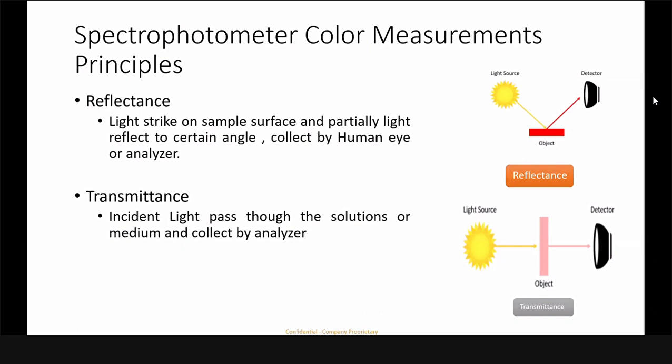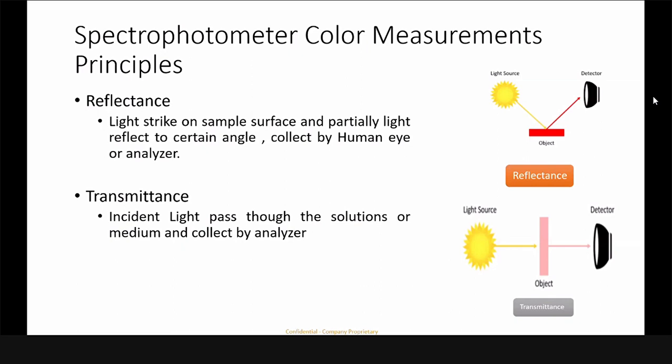There are several kinds of instruments able to do color measurement, like the densitometer, colorimeter, and spectrophotometer. Nowadays the spectrophotometer is most in practice because of its consistency, accuracy, and good repeatability and reproducibility. A spectrophotometer normally works with two techniques: reflectance and transmission.